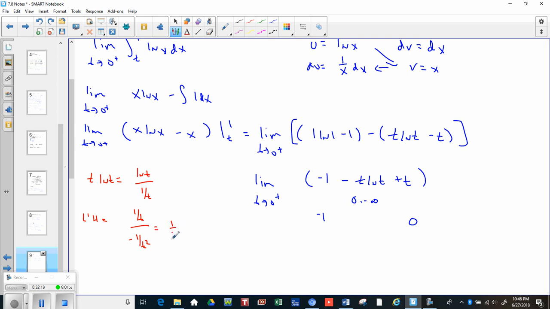This simplifies because that's 1 over t times negative t squared over 1, which is going to simplify to negative t. Now if I take the limit as t approaches 0, this whole thing just goes to 0. So really what I get out of this whole thing is negative 1, which means that was convergent.